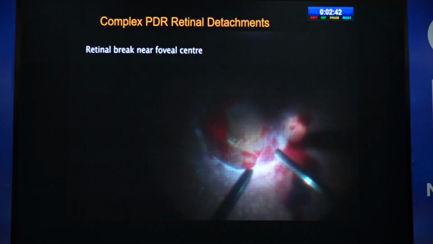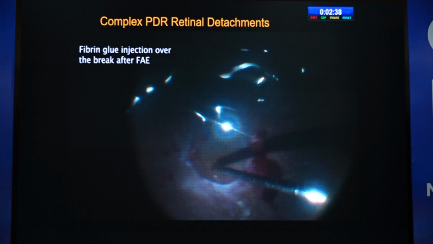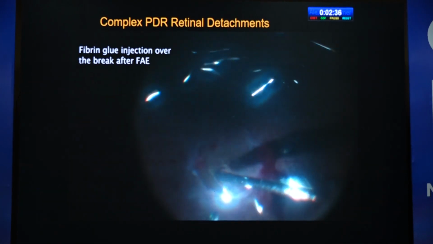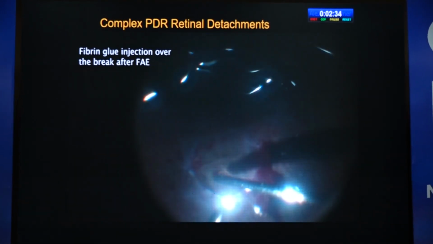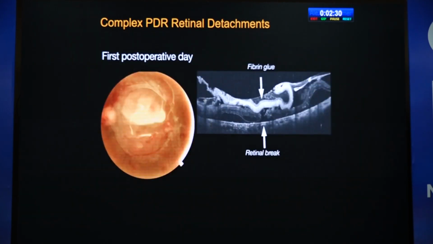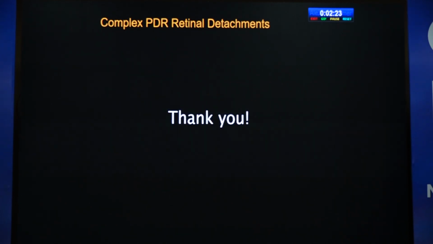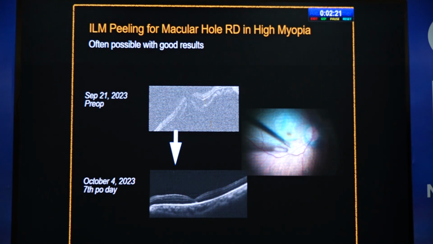Here the break was very close to the macular center, so laser was avoided, and we injected the two components of the glue. There was inadvertent excess injection, but that does not matter. Post-operatively, you see the first day the break is closed, and by the 6th day the retina is attached, glue is gone.